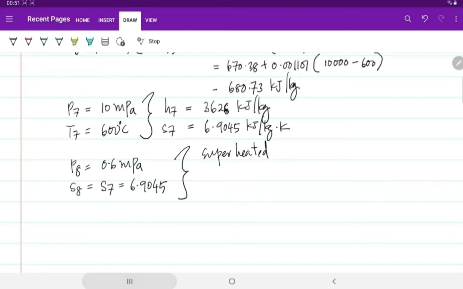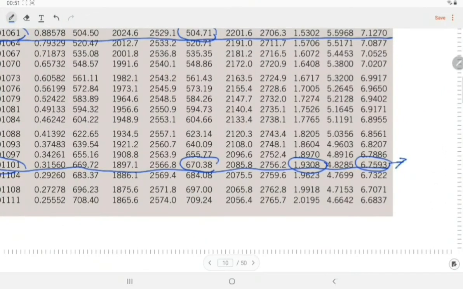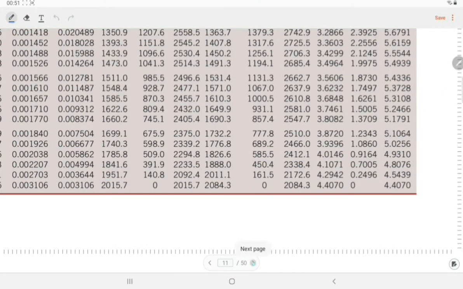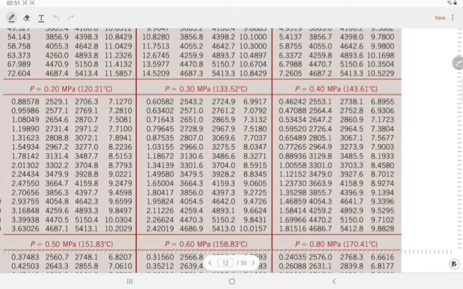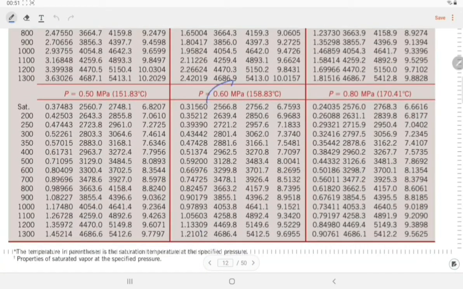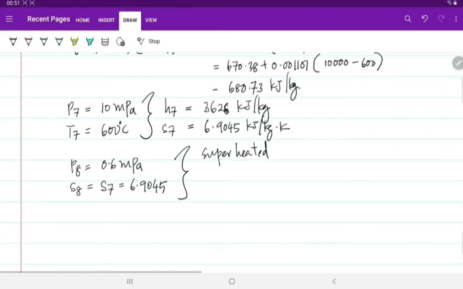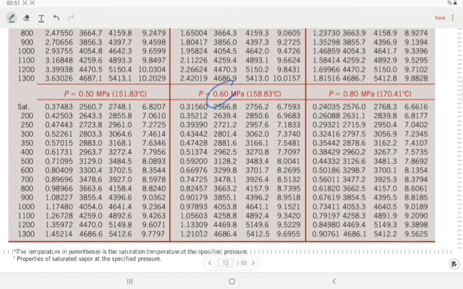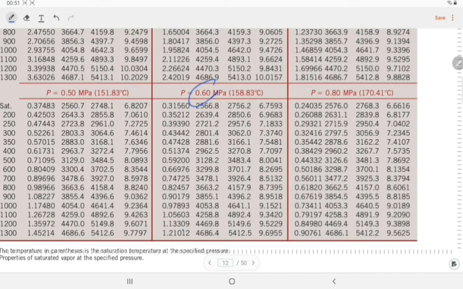So we can refer to the superheated table, 0.6 megapascal, which is this one. Okay, 0.6 megapascal, entropy 6.9045 lies between 6.7593 and 6.9683, so the values should be in between these two numbers.